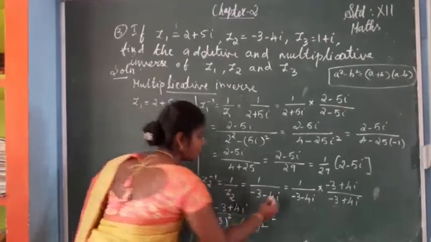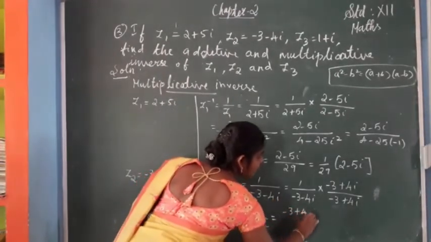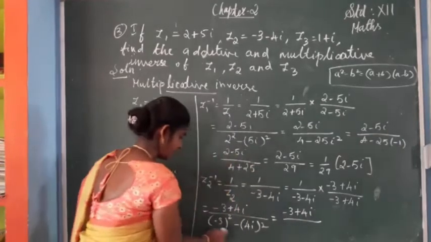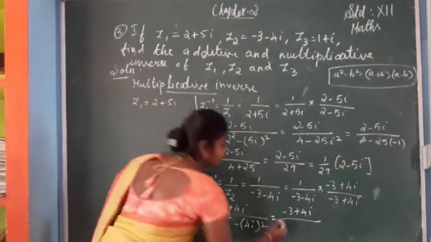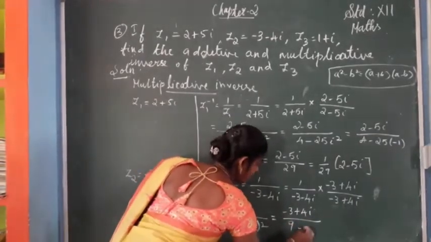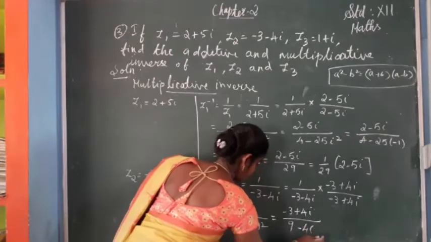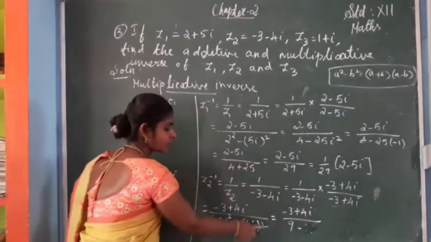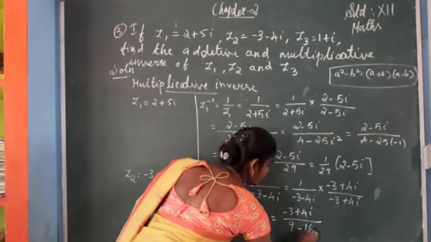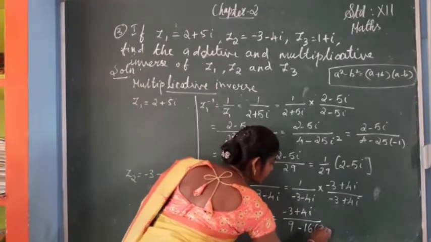That's equal to minus 3 plus 4i divided by, minus 3 whole square, the value is 9, minus 4 square, the value is 16, into i square.